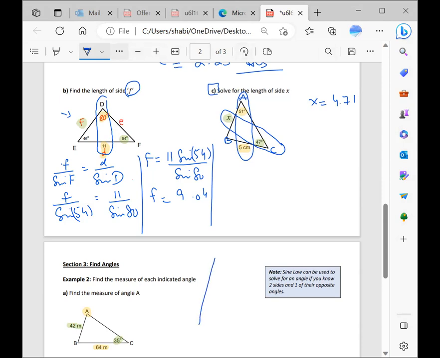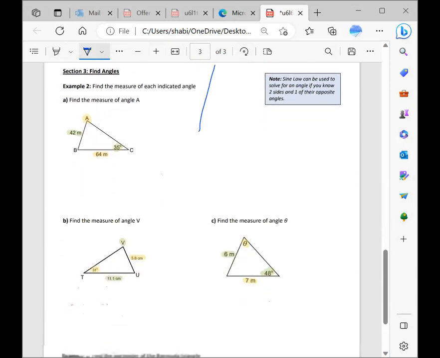Now, the next thing is that we have another question, and you can see in this question, it's indicated that I have to measure the angle at A. So I have to find my angle here this time. If you can see in the question, I have which alphabet has a side as well as the angle.